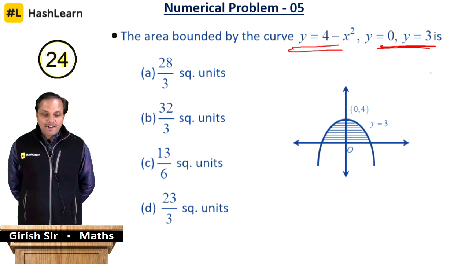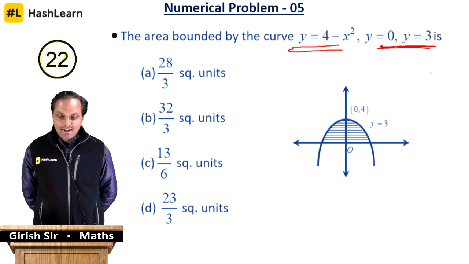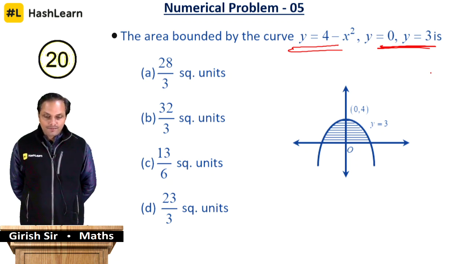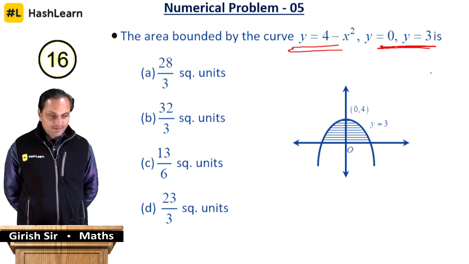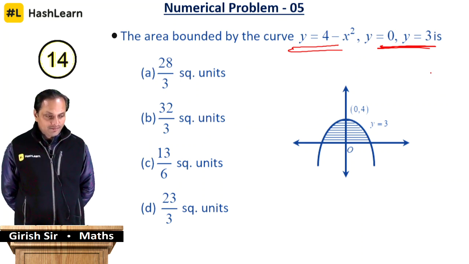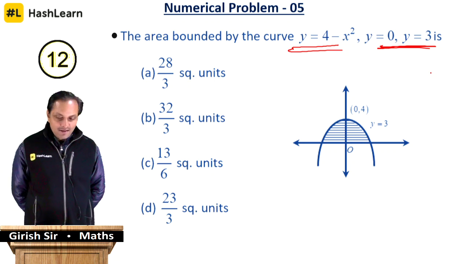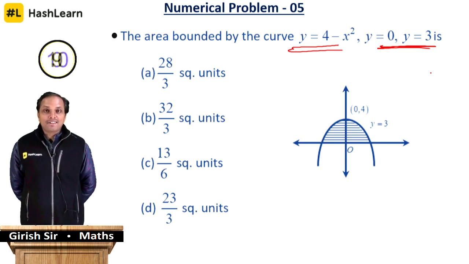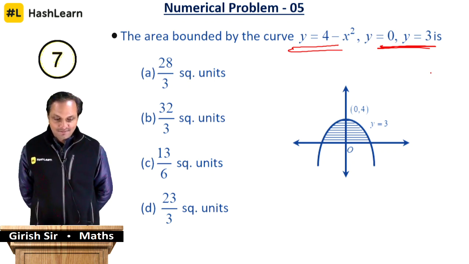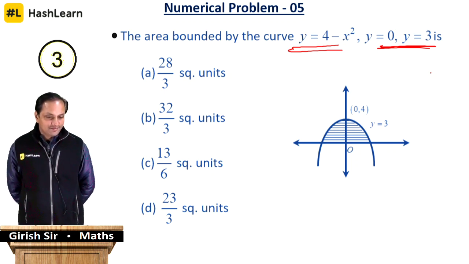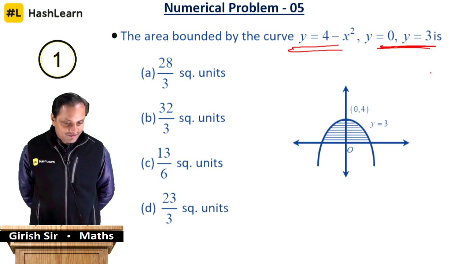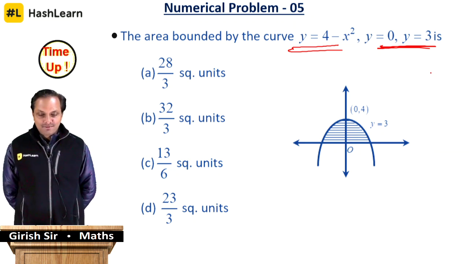Y is equal to 4 minus x square is the curve. 10 more seconds. Time up.